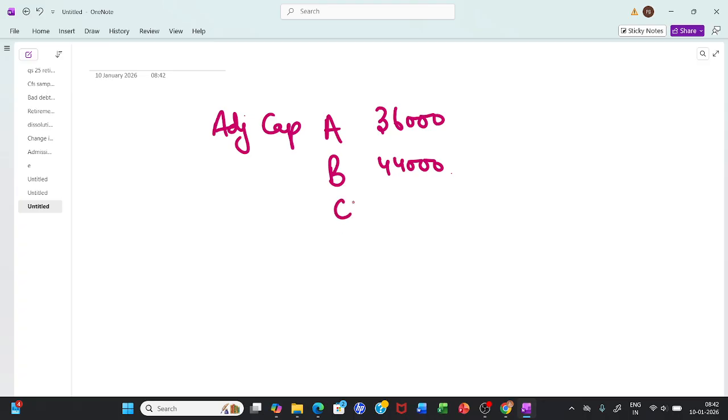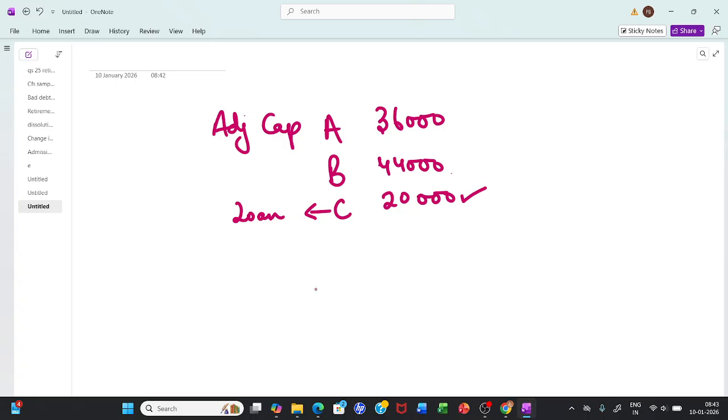There are three partners, say C is also there, let it be 20,000. Now over here, any of these could retire. I retire C in this case. First possibility, no capital adjustment, nothing given. Transfer C's balance to his loan account and pay it to C.